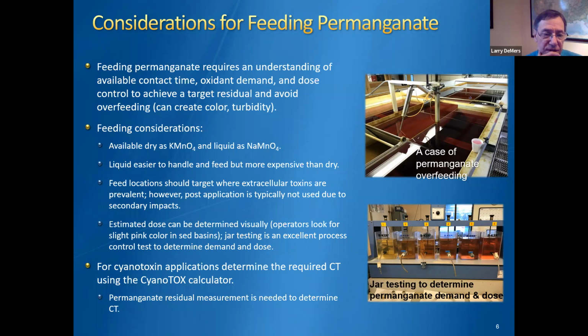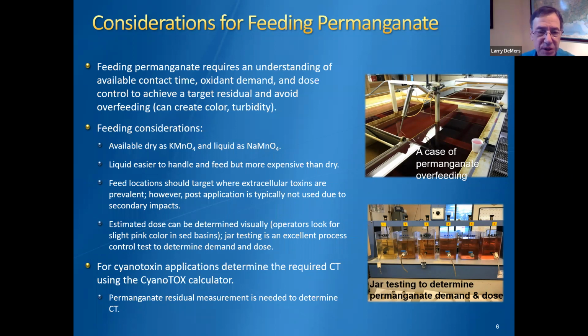Feeding considerations: permanganate is available primarily in two different products. First, KMnO4, potassium permanganate, was the initial product put out on the market. But for quite a while now, there's been a liquid product, sodium permanganate, that some plants prefer to use.